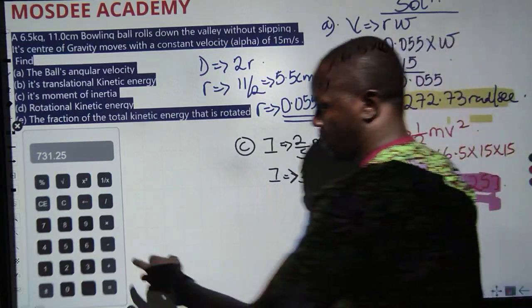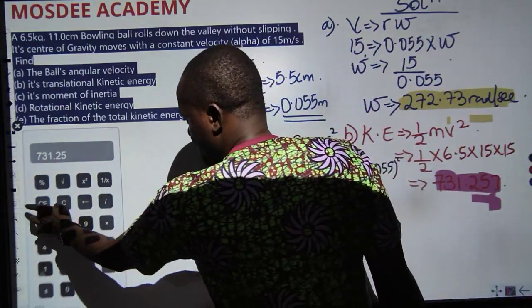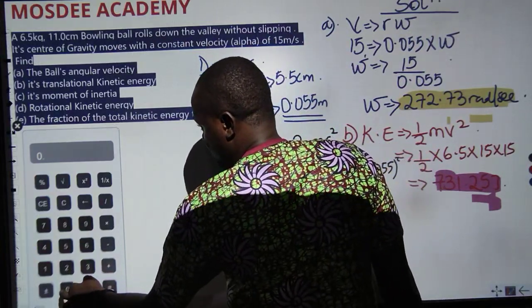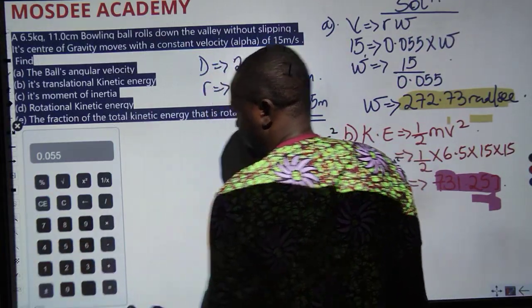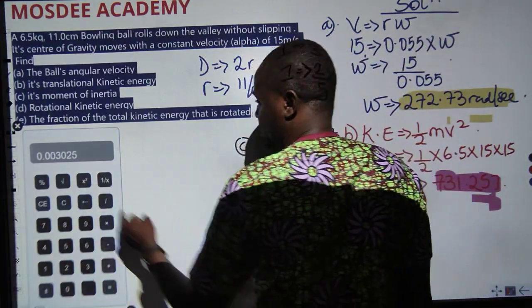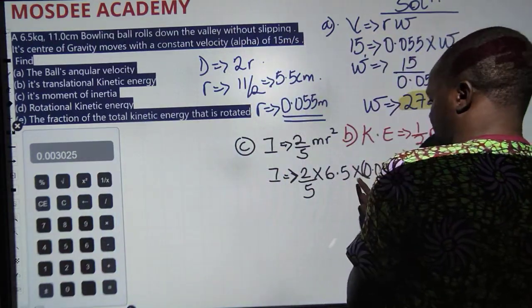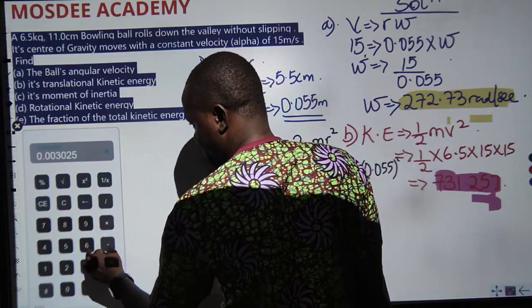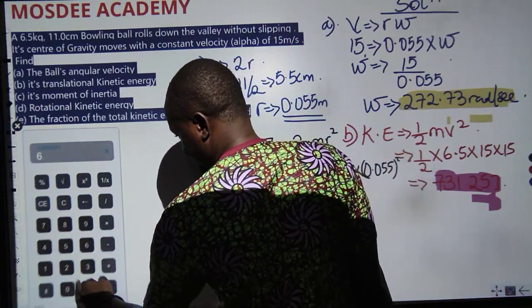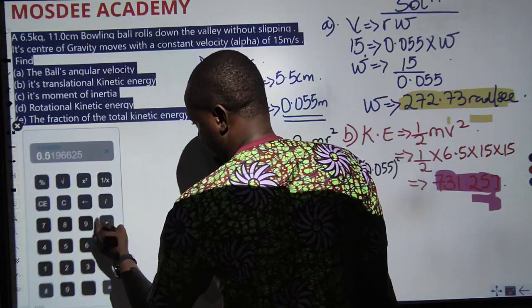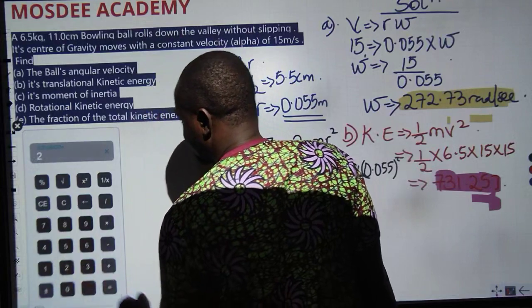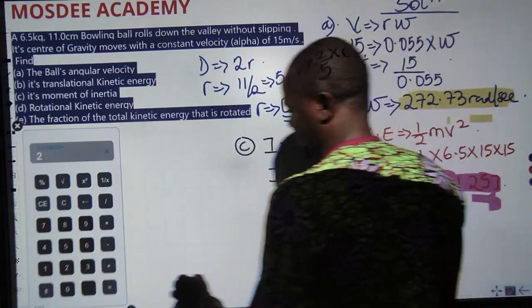0.055 squared first. This is not a scientific calculator, so I just have to manage that. Multiply by 6.5. Then multiply by 2. Then we are dividing the answer by 5.